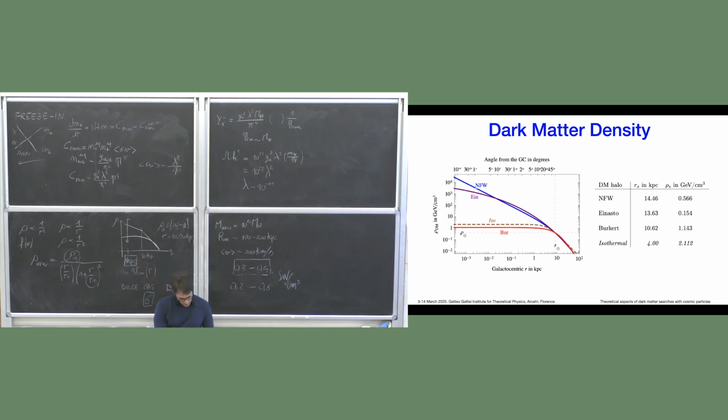So when we do indirect detection, typically we don't perform a fit to the rotational velocity data because we want to have something quick to evaluate. So typically what we do is that we use these two measurements. One is the local dark matter density, and the other one is the total dark matter mass within some radius smaller than the virial radius.